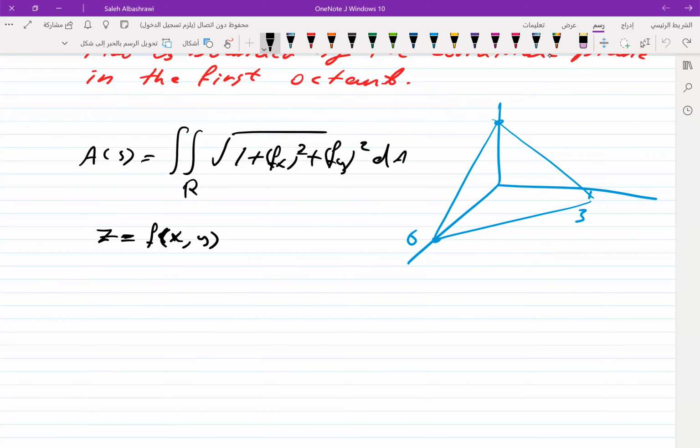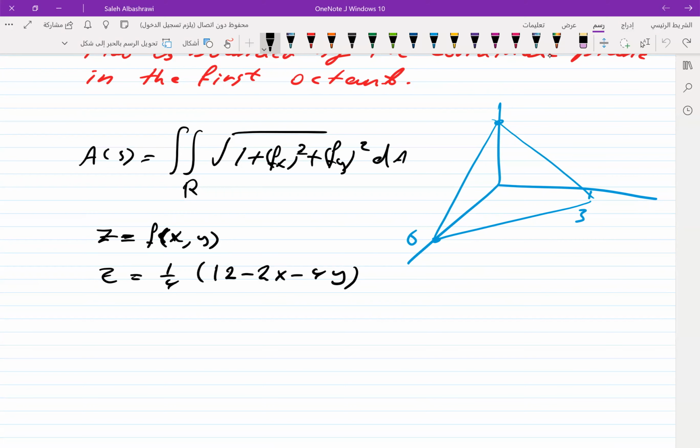Write the z variable as a function of x and y. That will be equal to 1 over 4 of 12 minus 2x minus 4y. So this will be my function: z equal to 1 over 4 multiplied by 12 minus 2x minus 4y.